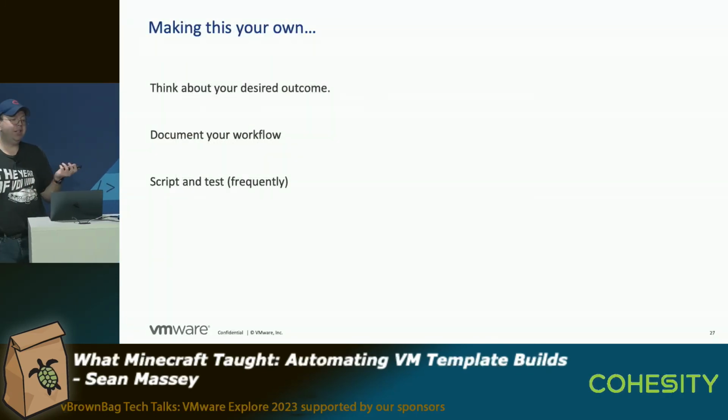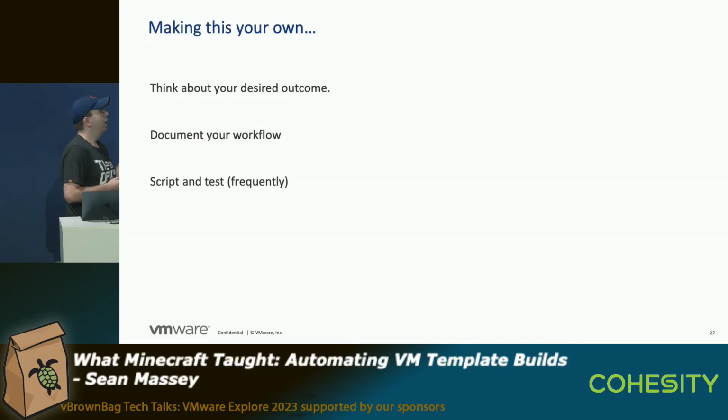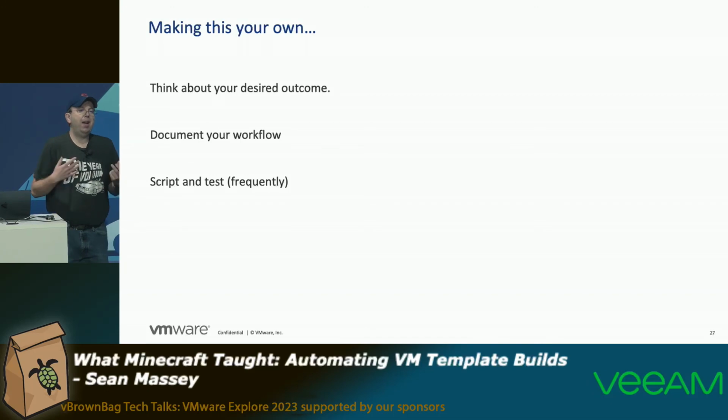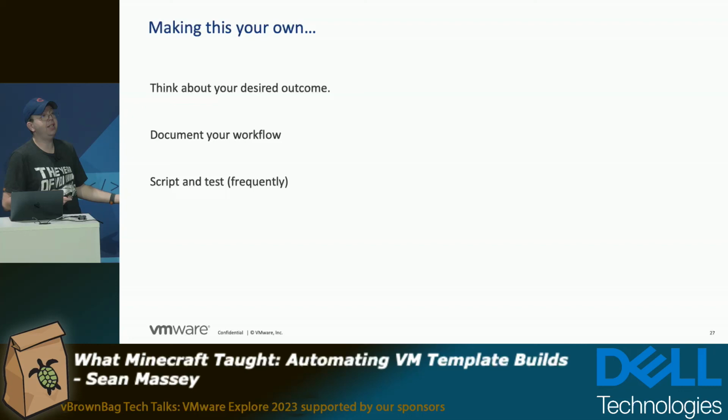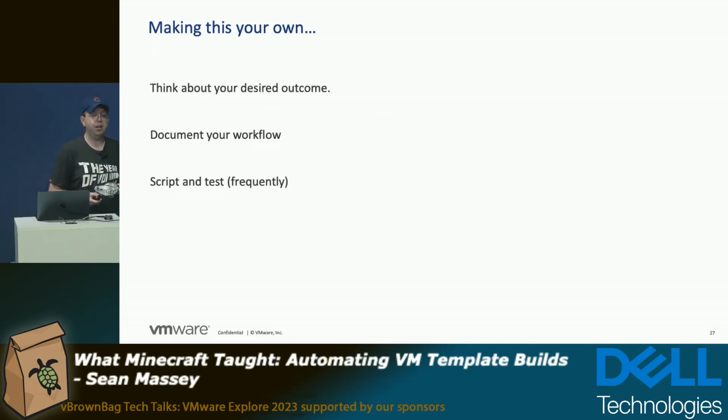So how do you make this your own, right? Well, first thing, like anything we do in IT that we want to automate, we have to think about our desired outcome. My desired outcome was to be lazy and give my kids something at the same time. For an enterprise environment, it might be making things easier for developers, or templatizing things that you're doing in your environment, or trying to become an internal cloud provider.